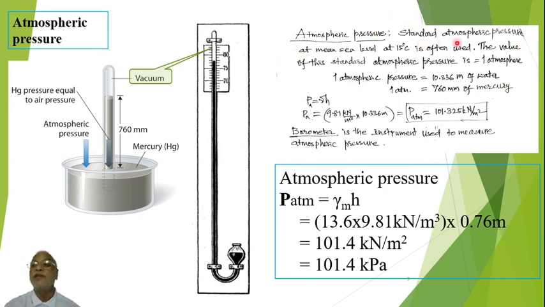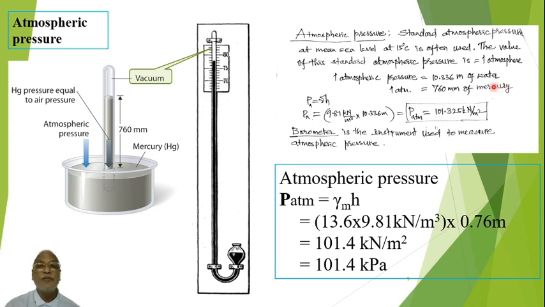Standard atmospheric pressure at mean sea level at 15 degrees centigrade is often used. The value of standard atmospheric pressure is taken as 1 atmosphere. What is the meaning of 1 atmosphere? 1 atmosphere pressure is equal to 10.336 meters of water, or it is equal to 760 millimeters of mercury.